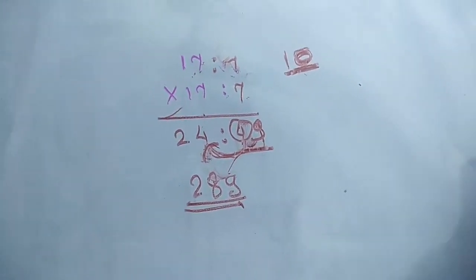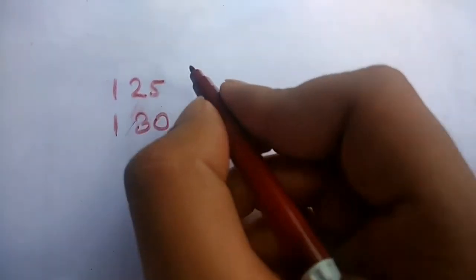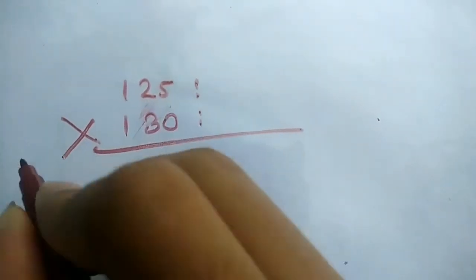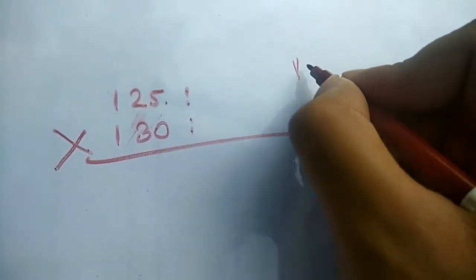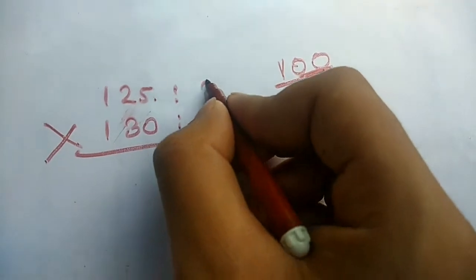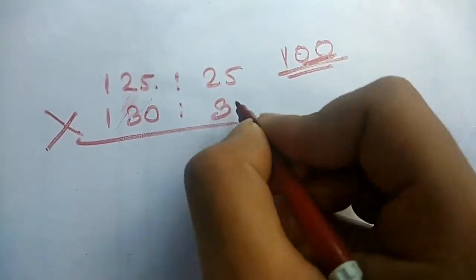Let me take another example. Our next example is 125 into 130 multiplication. So our base is now 100, which has 2 zeros. It is greater by 25, and the other is greater by 30.